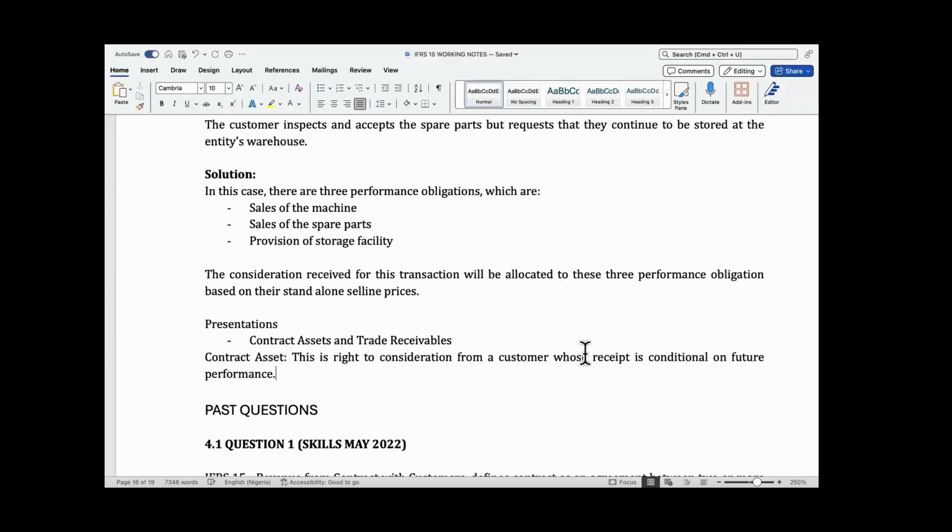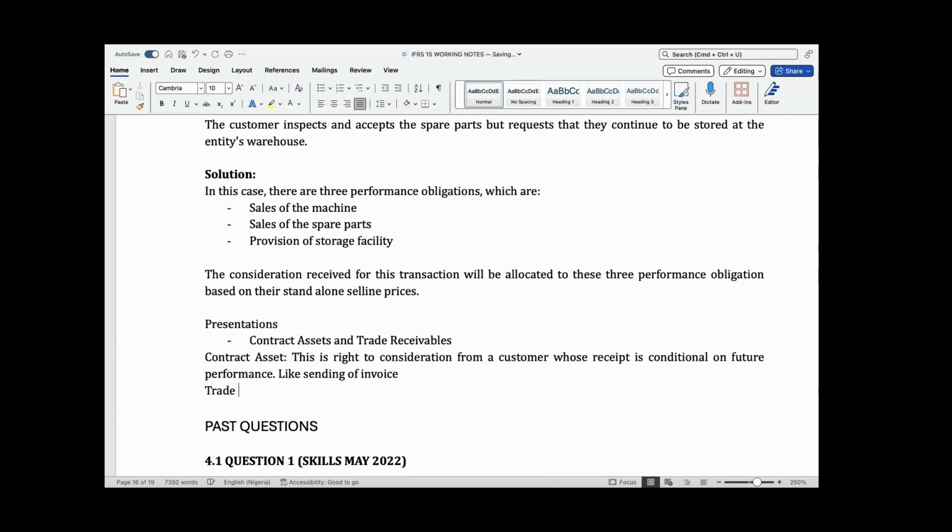In the sense that where you have transferred goods or service to a customer, you have done your part, but there is still some performance expected from you, like sending of an invoice, something as trivial as that. If there's still something you need to do, you cannot recognize such money as a trade receivable. That's a contract asset that you're going to put in your books.